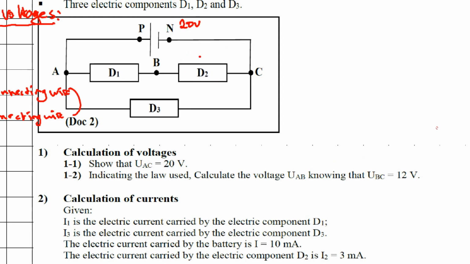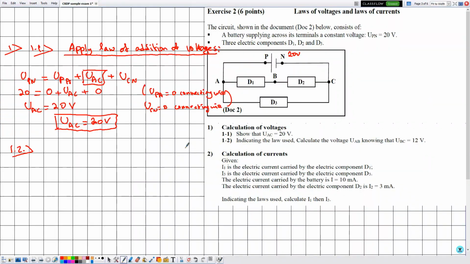So now we know that the voltage UBC is 12 volts. We are asked to find the voltage UAB, and this can also be done using the law of addition of voltages. So let's write as a title: apply law of addition of voltages. Then how do you apply this law?